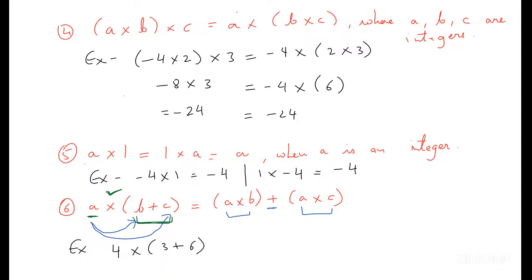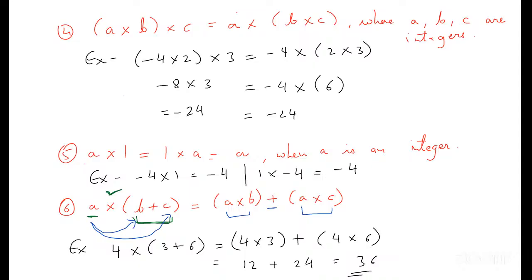So I can do this in the format 4 into 3 plus 4 into 6. How much is 4 into 3? 12. And 4 into 6? 24. Add 12 and 24. 36.